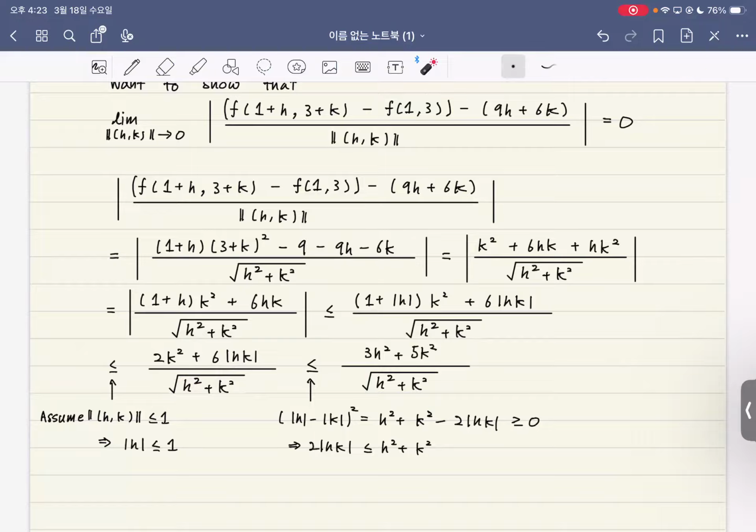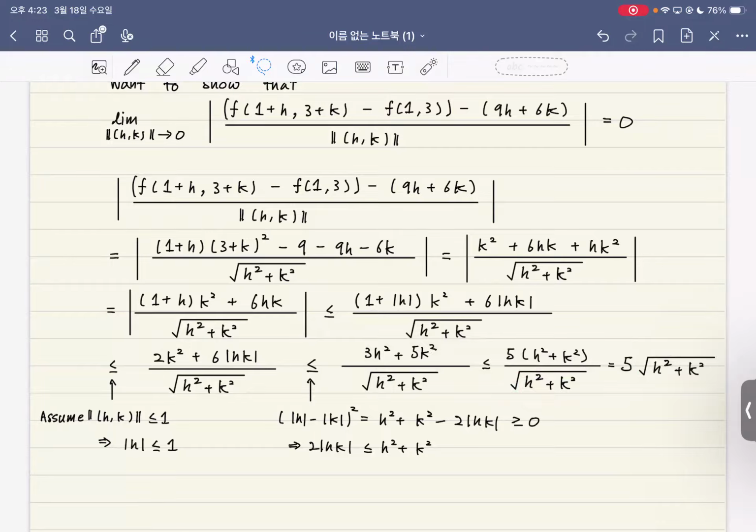And obviously 3 is less than or equal to 5. So this is less than or equal to 5 times (h squared plus k squared), which is less than this. And this is 5 times the square root of h squared plus k squared.